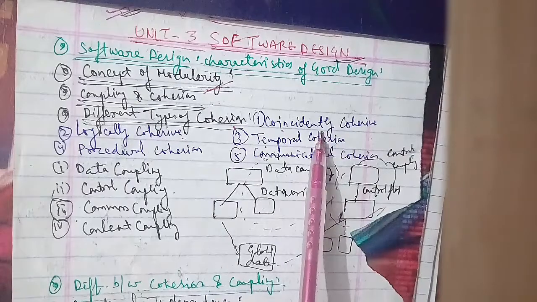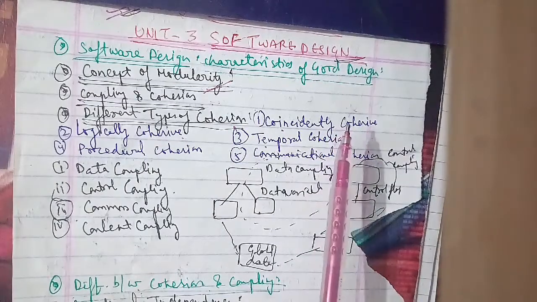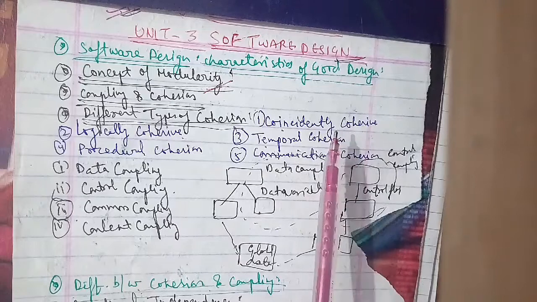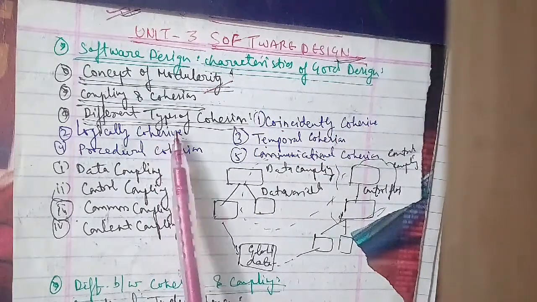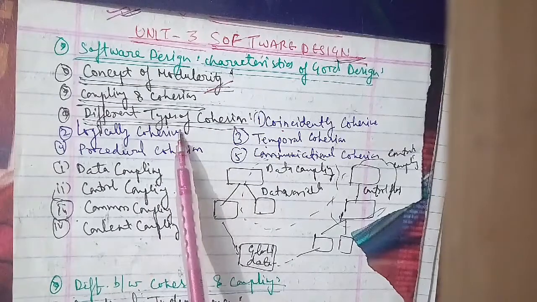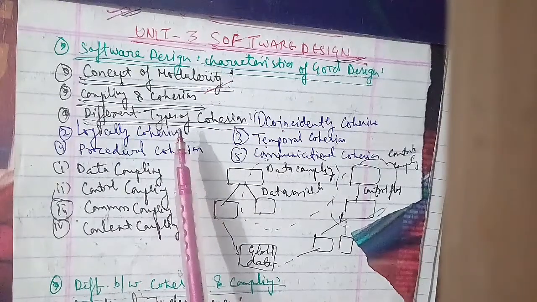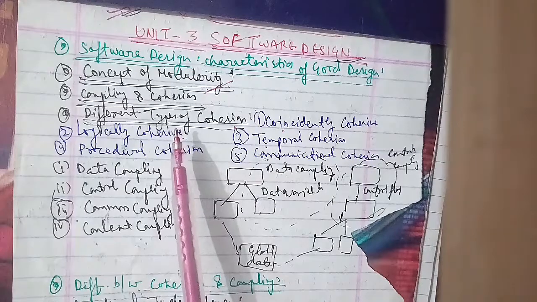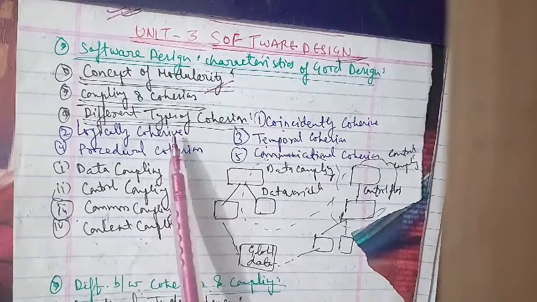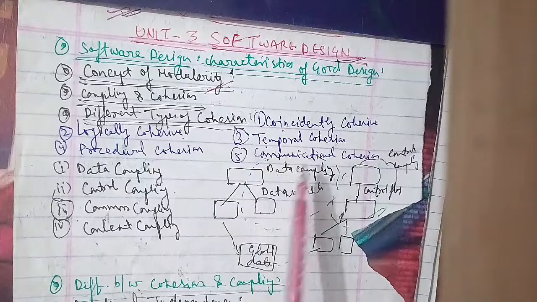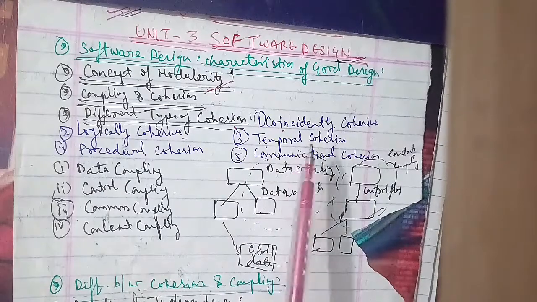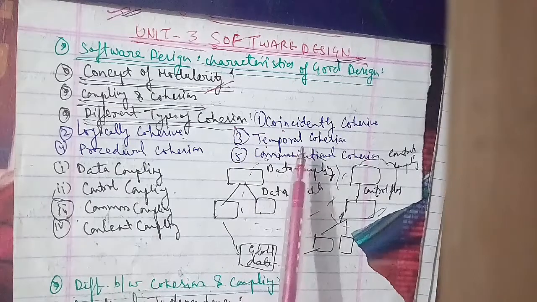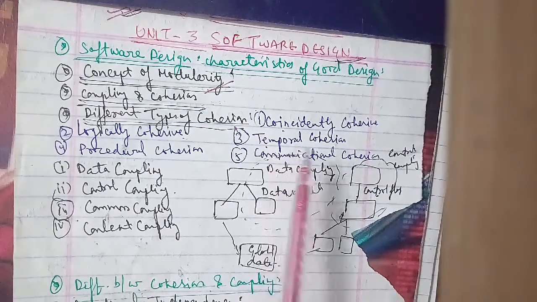Temporal cohesive: a module in which the tasks need to be executed in some specific time span is called temporal cohesive. Procedural cohesive: when the processing elements of a module are related to one another and must be executed in some specific order, such a module is called procedural cohesive.